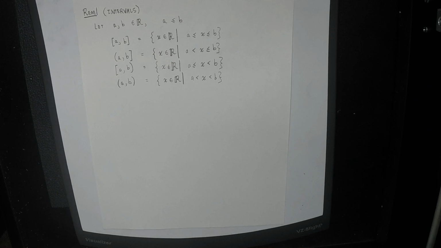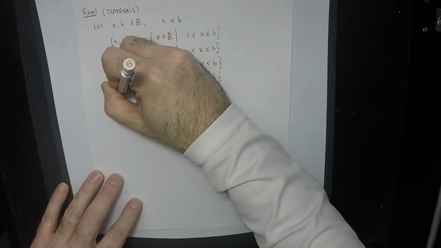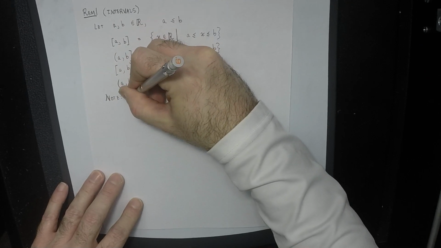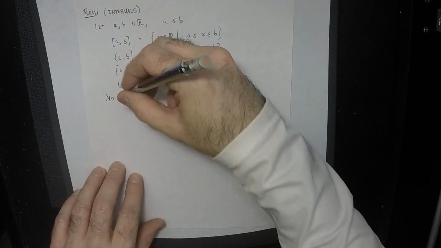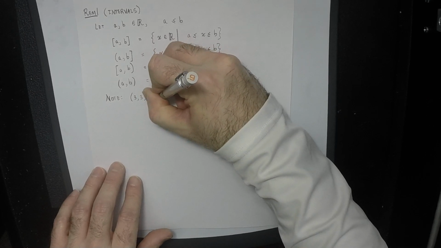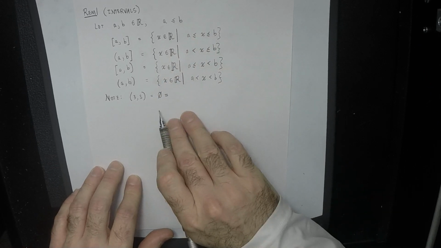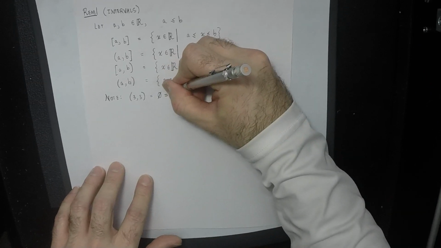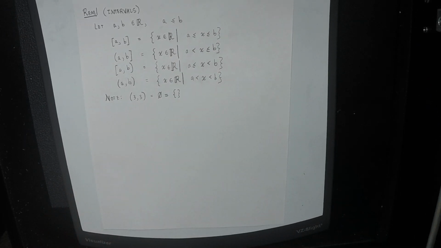So, for example, note that the set, say, 3 to 3 with parentheses on both sides, this is the empty set. And by capital Phi, I mean the set that contains nothing. Empty set. Because there are no x's in the reals that are both greater than 3 and less than 3.